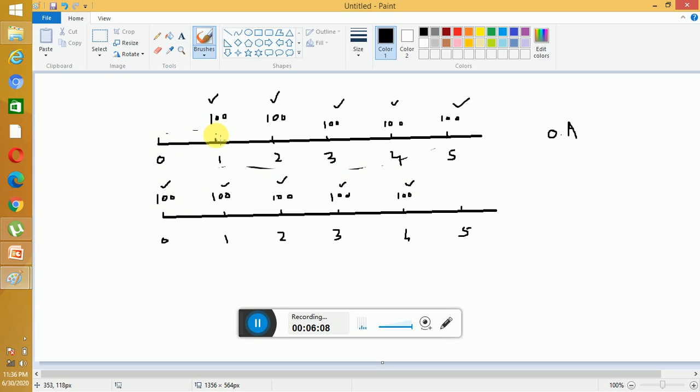One is at the end of the period, when the year ends. But here, payment is at the beginning of each period. This is called annuity due.